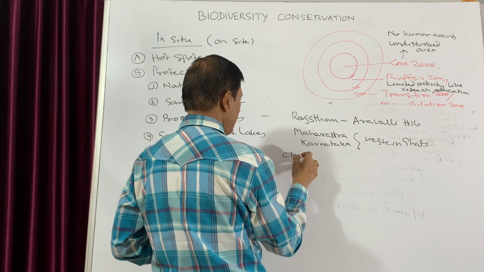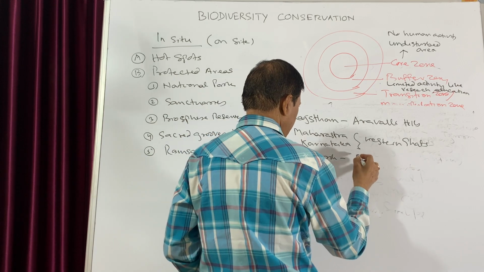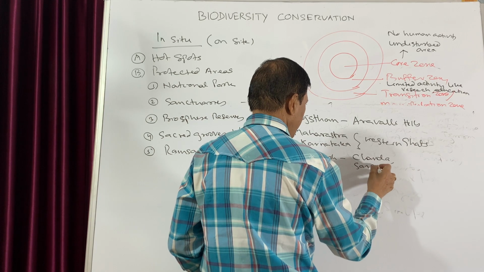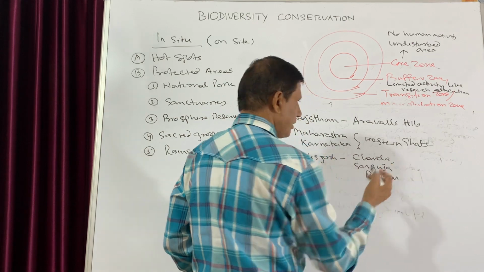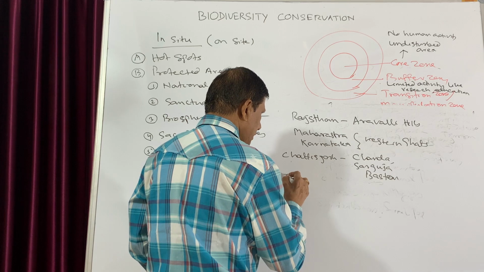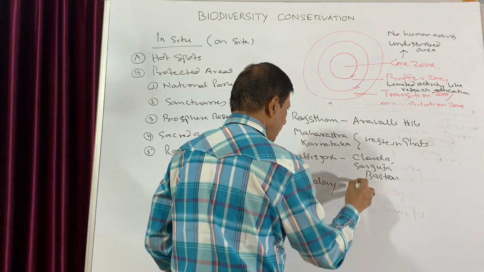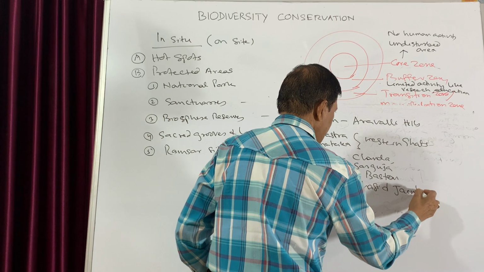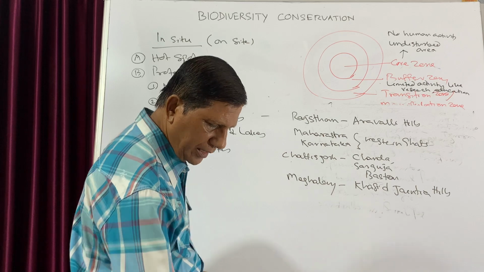Then in Chhattisgarh, that is Chanda, Sarguja and Bastar, these three. And in Meghalaya, the Khasi and Jaintia hills. They are coming under this category.